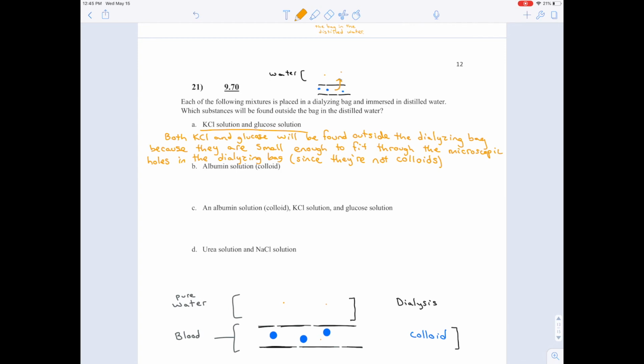Okay, for B, they say albumin, and they tell you it's a colloid. Because it's a colloid, it will not be found outside of the dialyzing bag. It's too big to fit through the dialyzing bag.